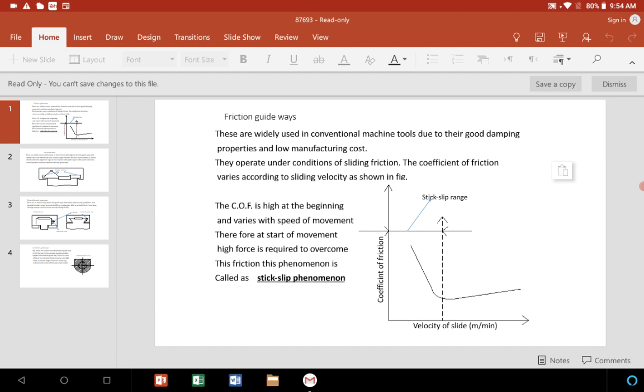As it moves to and fro, or say forward, backward, sliding friction exists. So the coefficient of friction varies according to its velocity, the movement of the slide or the bed.